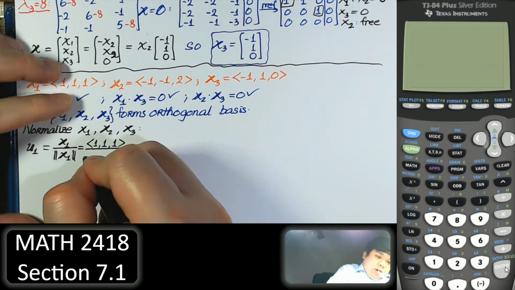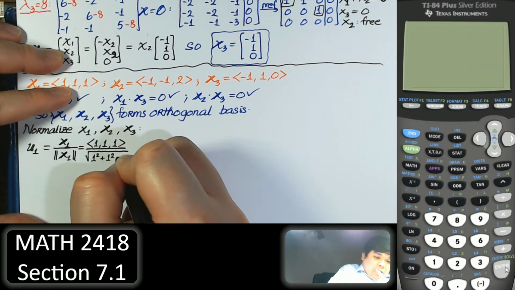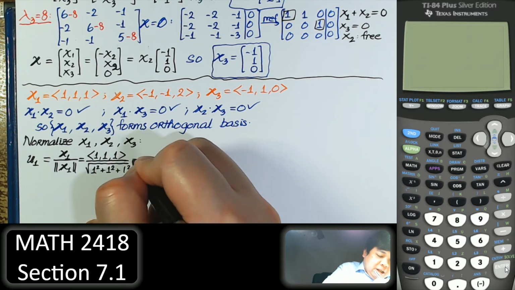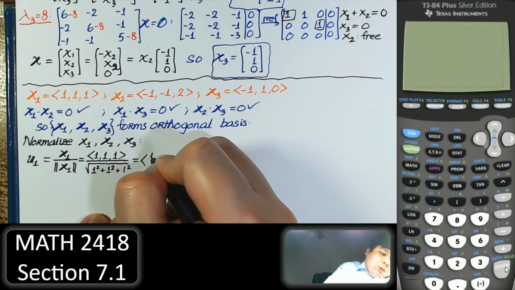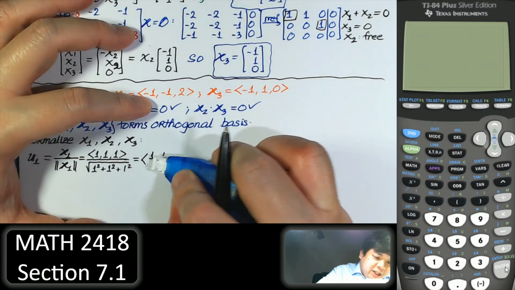The norm of x1 is the square root of 1 squared, 1 squared, 1 squared. So we have 1 over the square root of 3.